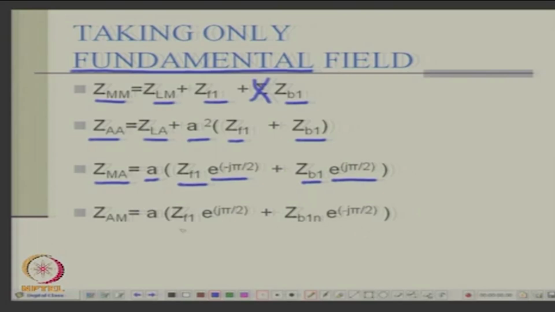And ZAM will be the complex conjugate of this, A times ZF1 e to the power of j pi by 2 and ZB1 e to the power of minus j pi by 2. All I have just substituted, I have neglected all harmonics. So, we have a two phase asymmetrical machine with different number of turns, displaced by 90 degrees.